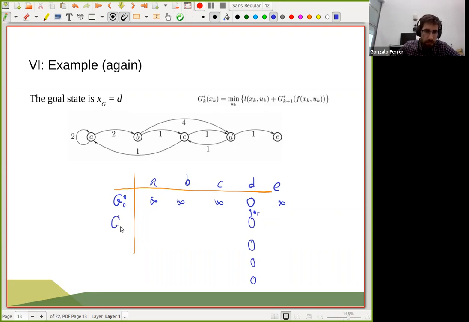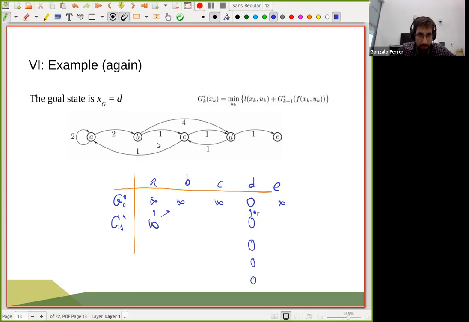Now let's calculate the optimal cost-to-go on the next iteration. What I'm writing here is g of -1. The analysis is going to be very similar. Let's start with A. With A, there's nothing we can do. We can either reach this node or this node, so there's still infinity.